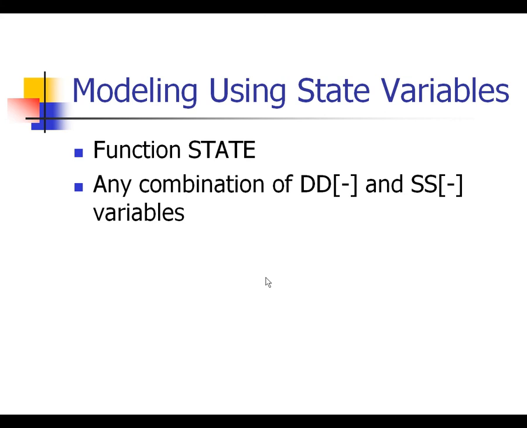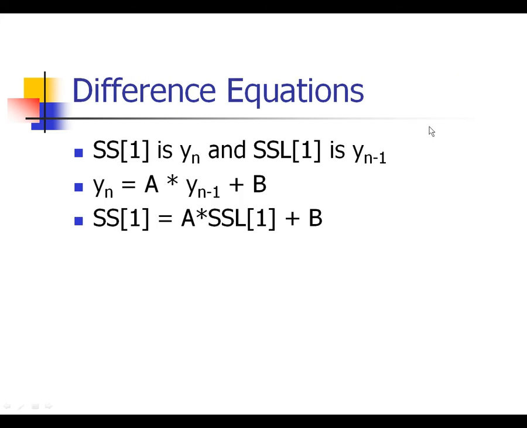So SS variables are the state variable, but you can express it either as an SS equation or what's called a DD equation, which is the derivative of the state variable. Another way to express these variables is something called difference equations.